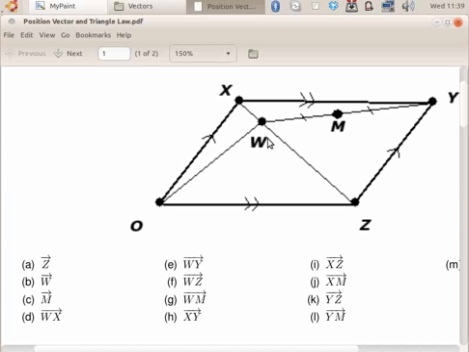Understood. M is exactly at the center. It's exactly between W and Y. So it'd be a half of WY.